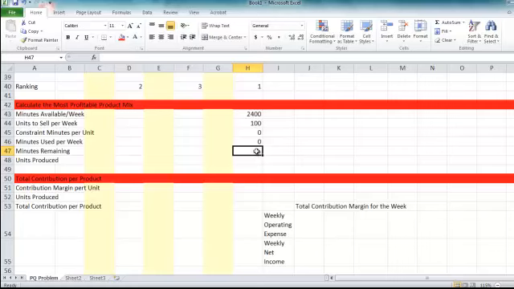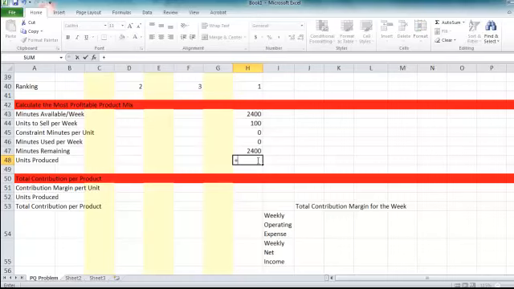And therefore we have 2,400 minutes, and we used none of them. So we've got 2,400 minutes remaining, and we produced a full 100 of those.